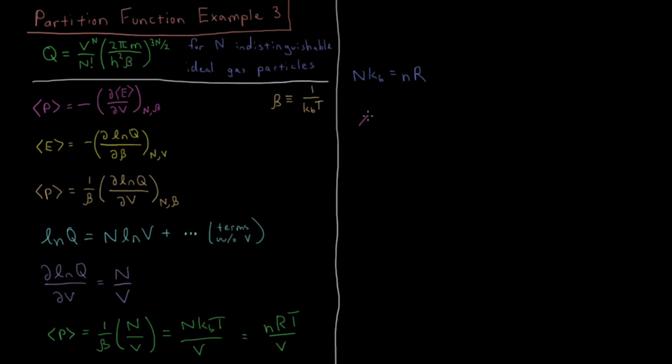So what do we notice here? This is actually really cool. From calculating the pressure of our system just from its partition function, which we got from summing up all of its Boltzmann factors, we get that the average pressure of an ideal gas is going to be nRT over V. And why is that neat? Well, if you multiply times V here, you have PV equals nRT.